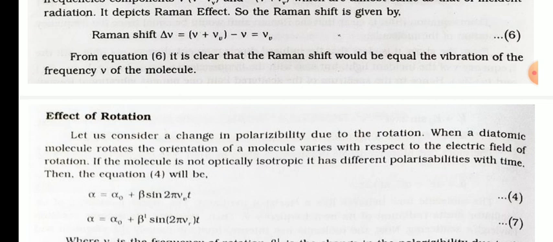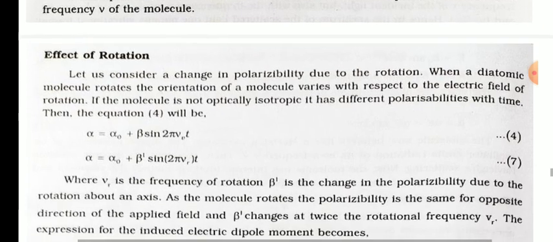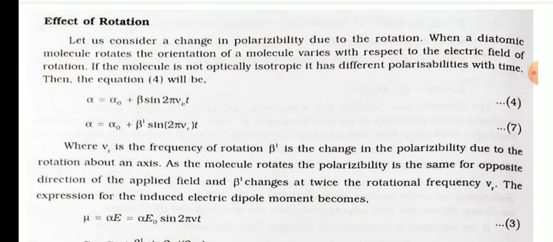Let us consider a change in the polarizability due to rotation. When a diatomic molecule rotates, the orientation of the molecule varies with respect to the electric field. If the molecule is not optically isotropic, it has different polarizabilities with time.